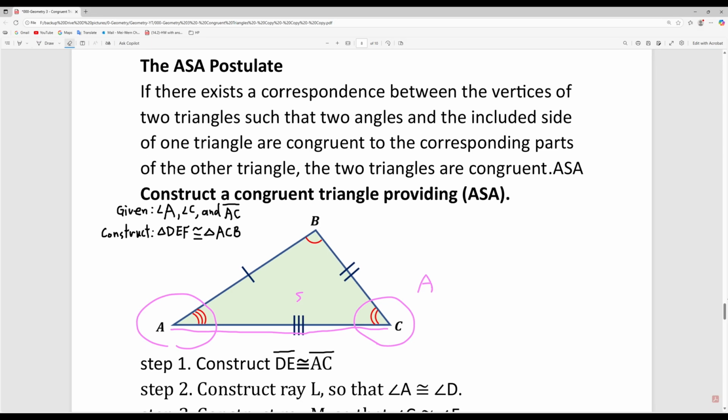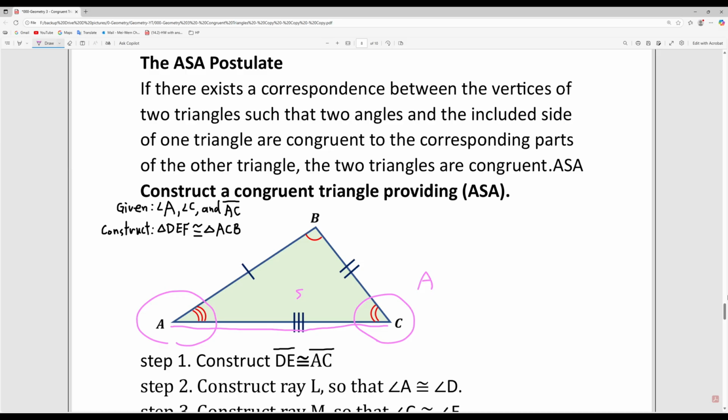A means angle, side, angle. We call this the ASA postulate. If I provide the angle, side, angle to you, then you should be able to construct the congruent triangle. So same thing, let's follow the instruction.